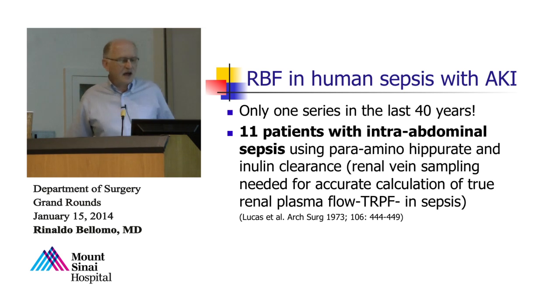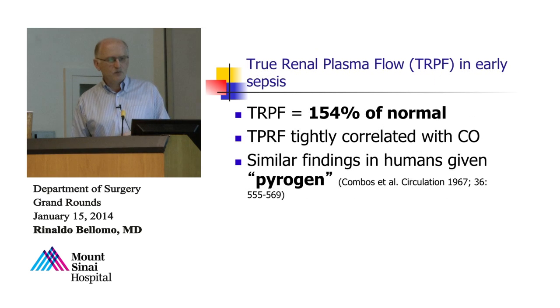Let me take you back to 1973 when ethics committees did not exist. And you can take 11 patients with intra-abdominal sepsis and put a renal vein catheter in while you were infusing para-aminohippurate and inulin to allow you to calculate the clearance of the two, which allows estimation of renal plasma flow as well as GFR.